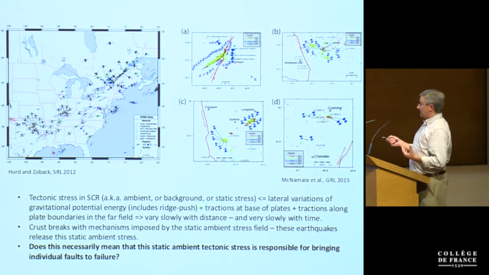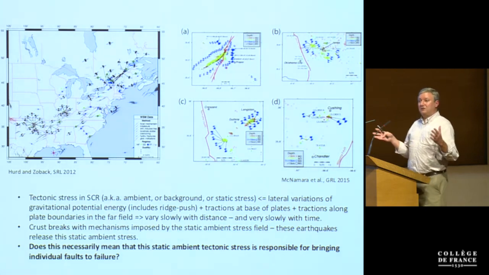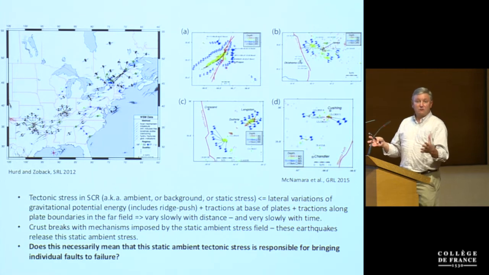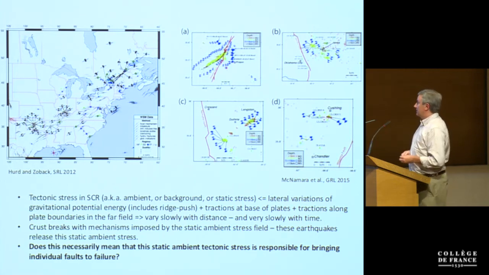So these tectonic stresses vary very slowly with distance, and they vary also very slowly with time, at least at the time scale of the Quaternary or the Holocene, which is what is of interest in this particular presentation. But obviously the crust has to break with mechanisms that are imposed by the static ambient field.